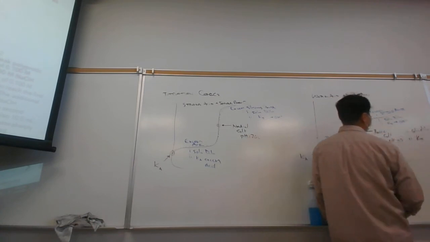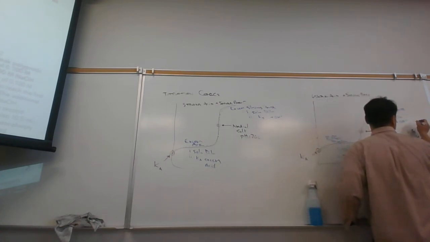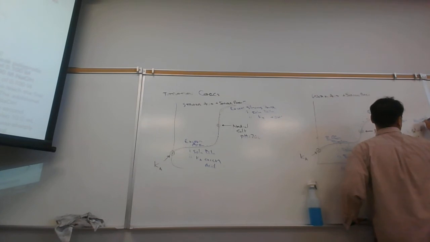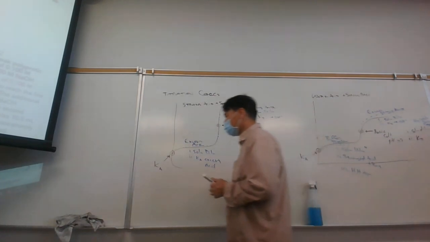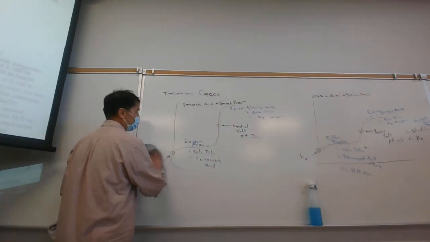The weak bases we'll typically ignore. The strong base is dominant, so we find the pOH, and then we'll convert it to pH.